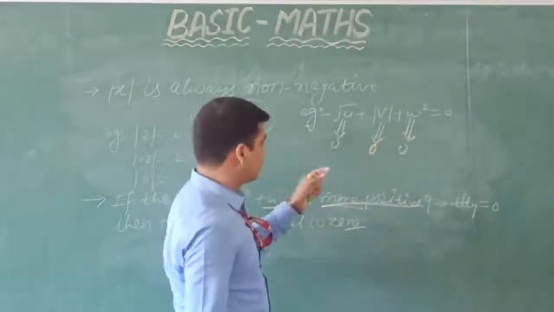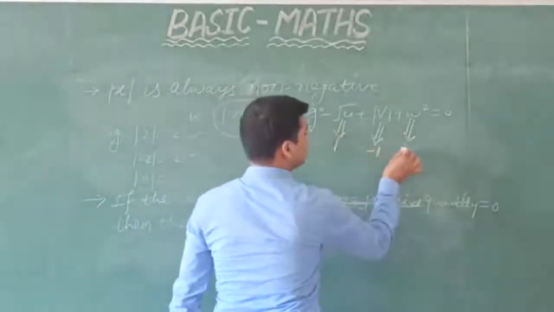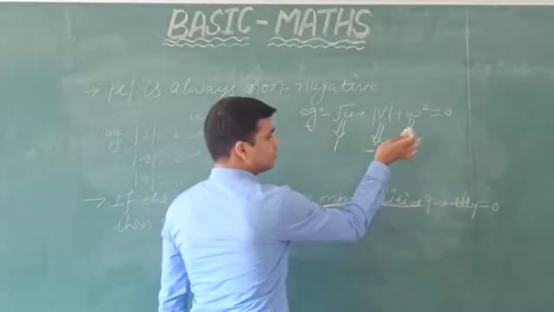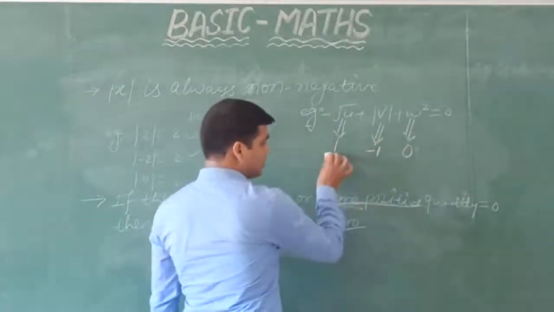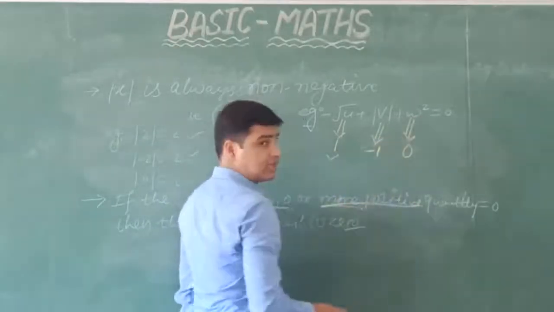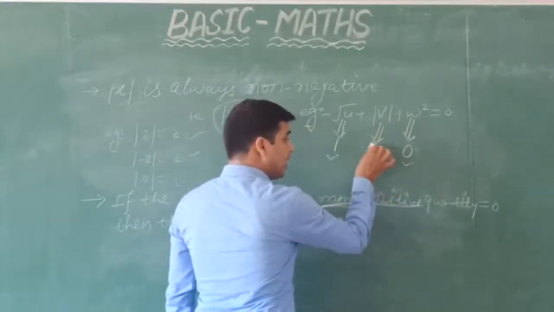Okay, see this here. Suppose you say, sir, we can put 1 here, minus 1 here, and 0 here: 1 minus 1, 0, 0 plus 0, 0. Yes, you can put this, since w is a square and a square is a non-negative quantity. But what about this one?